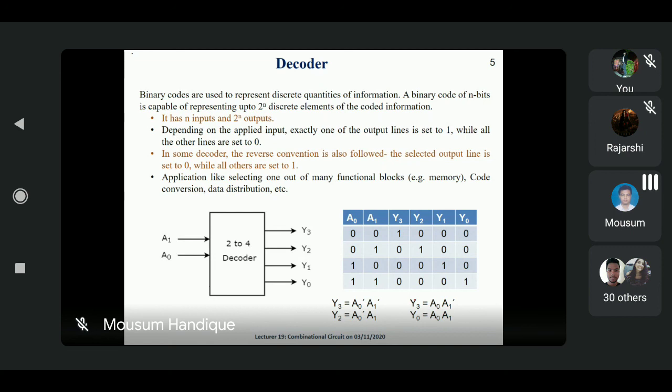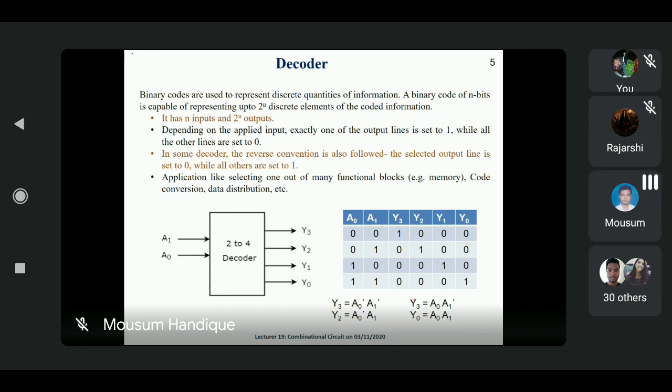Here, the decoder is also a combinational circuit, because the output always depends on the present input. Here is a small definition: binary codes are used to represent discrete quantities of information. From binary codes, we can represent any discrete quantities of information.